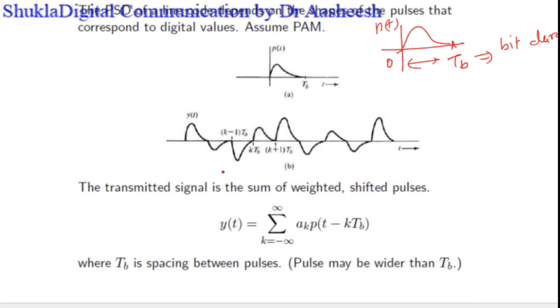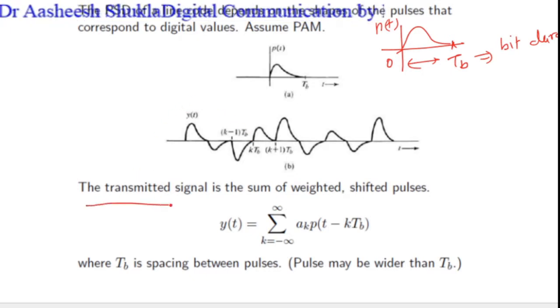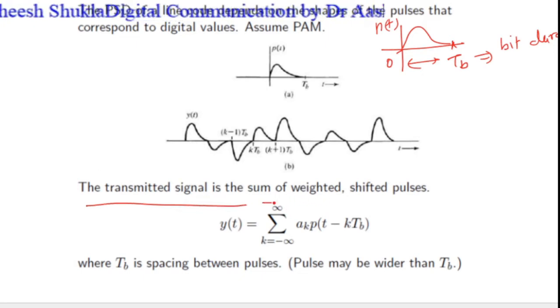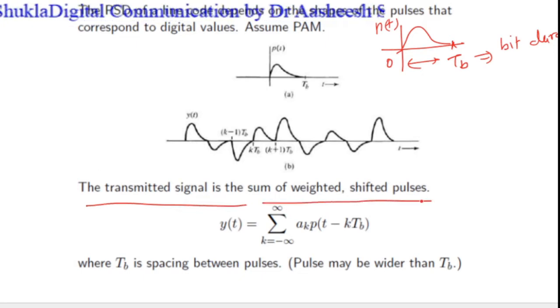Now we can find out a pulse train. We can have a signal named the transmitted signal, and it can be the sum of weighted shifted pulses.